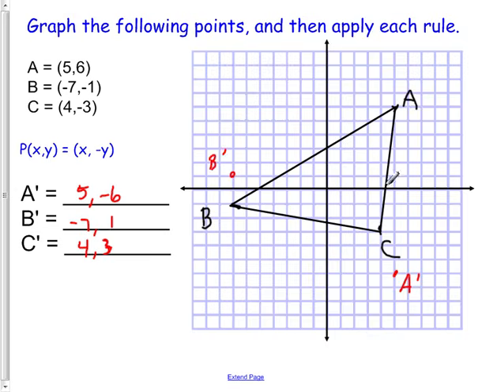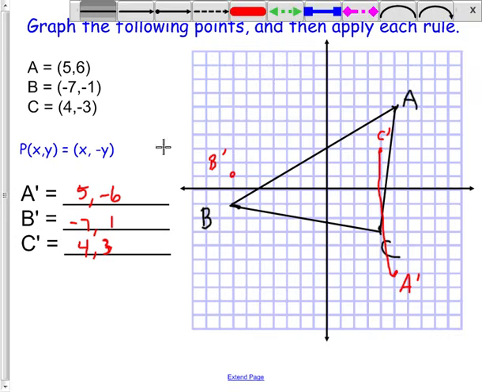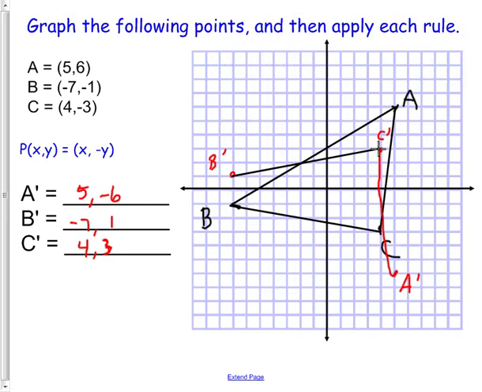And 4, 3 is going to be our C prime. Okay, and we'll connect these dots with straight lines, of course. Let me use my line tool. There, that's better. And I'll highlight these and make them red again.